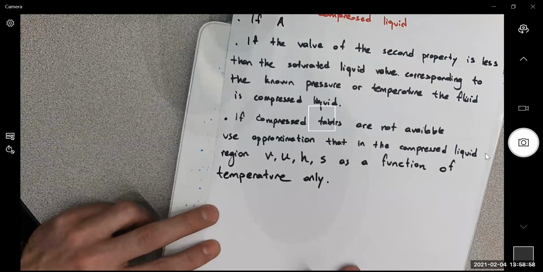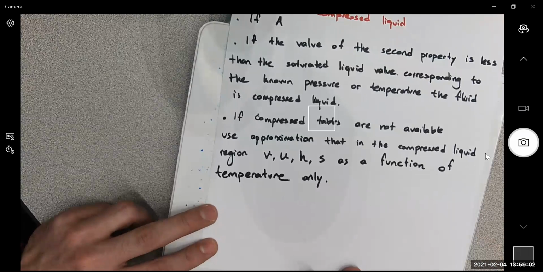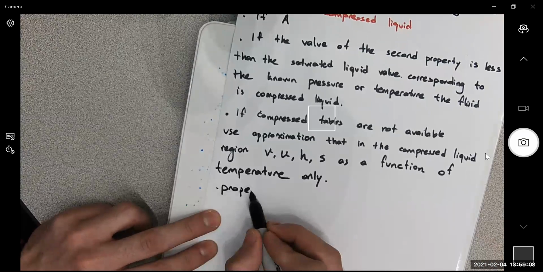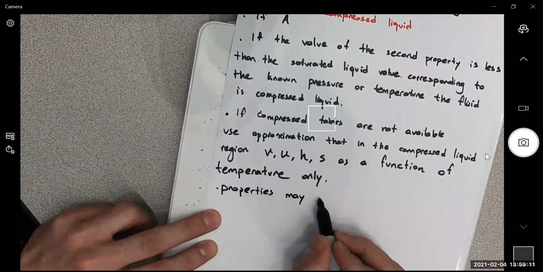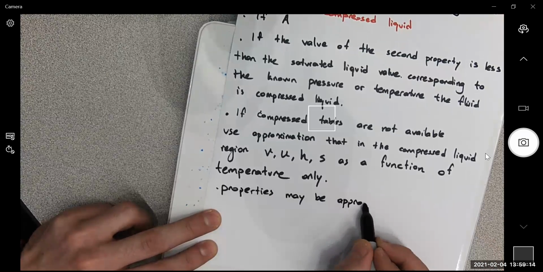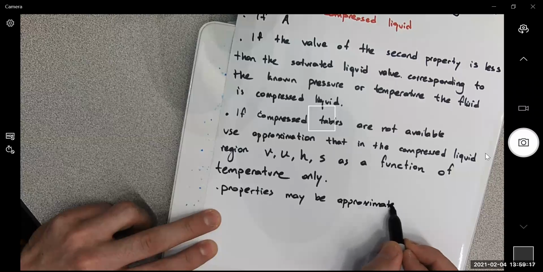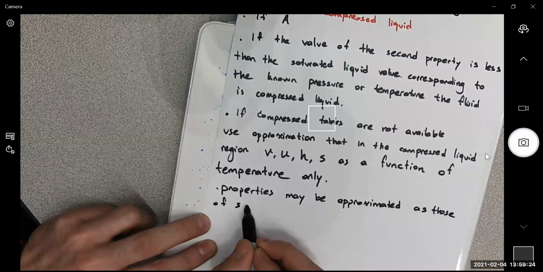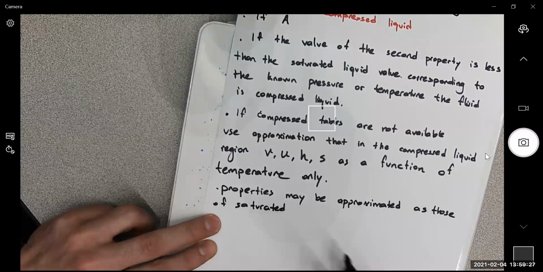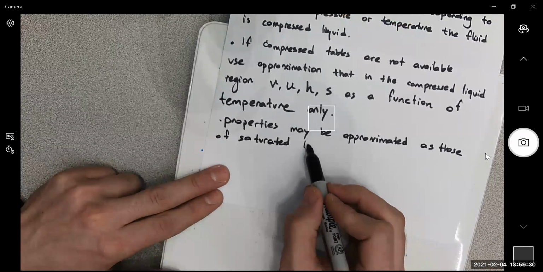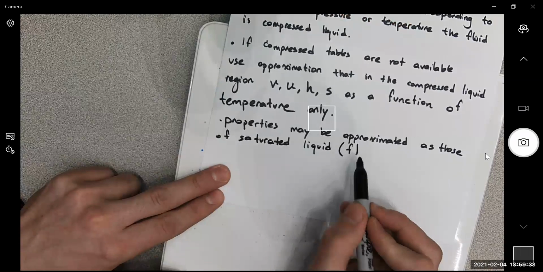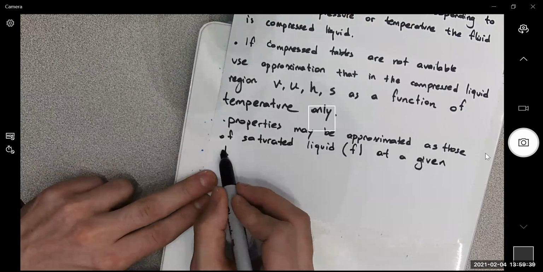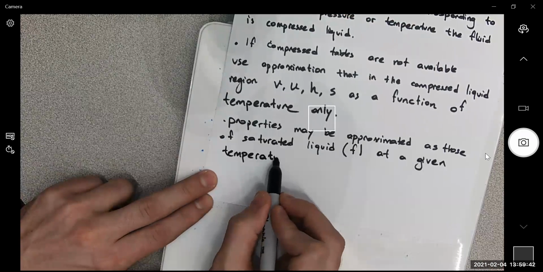The properties may be approximated as those of saturated liquid at the given temperature.